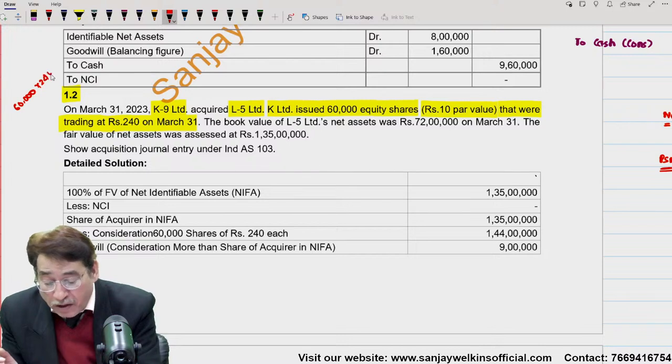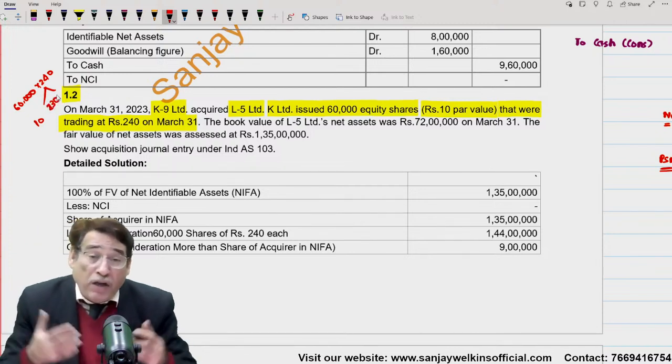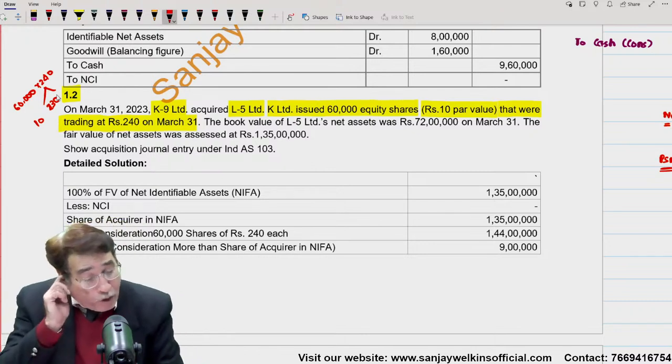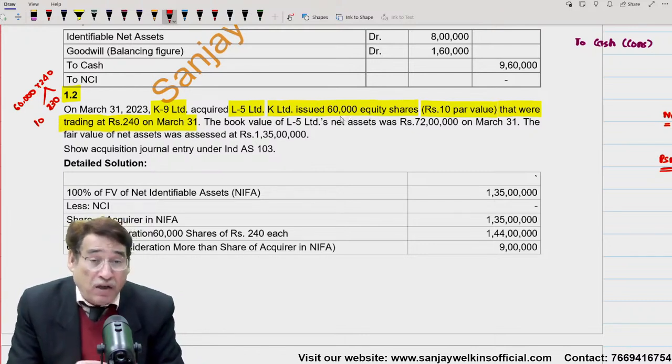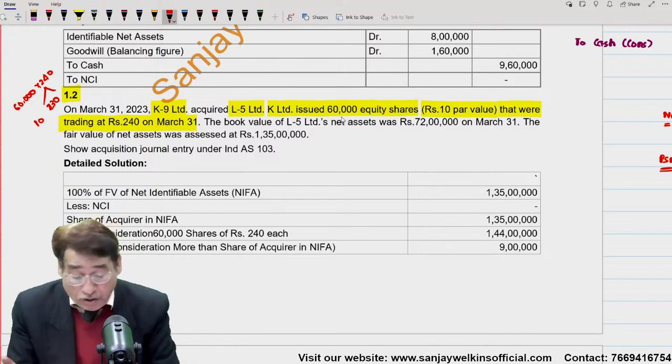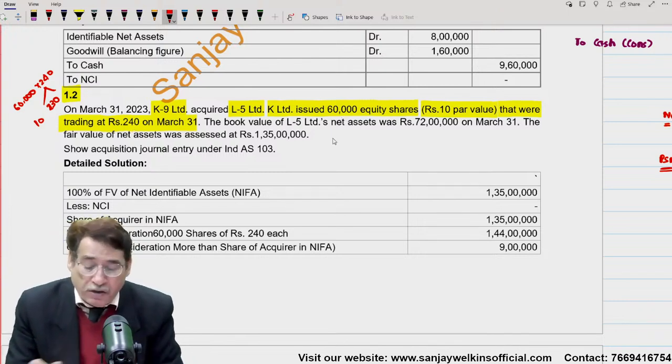Is it clear to you? Because the par value is 10, quite obviously it means 230 is the premium. Very high premium. Anyway, the point you need to note is that your consideration amount will be equal to 60,000 into 240. Is it clear to you or not?